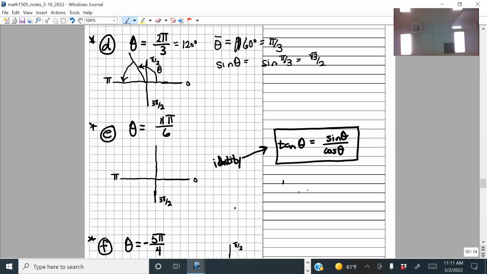Now, again, people were asking me about remembering sine and cosine for special angles. One trick that I reminded people of is in this chart, sine begins at 0, which is the square root of 0 over 2. Then the next special angle is 30 degrees.